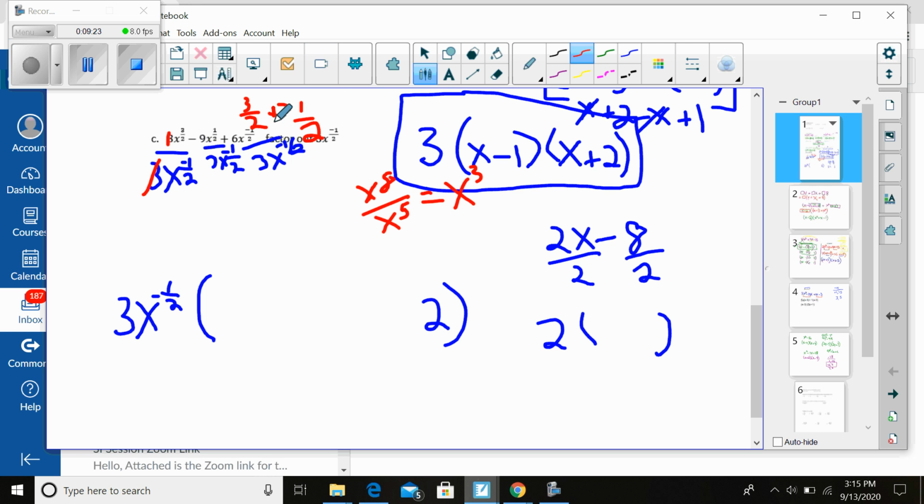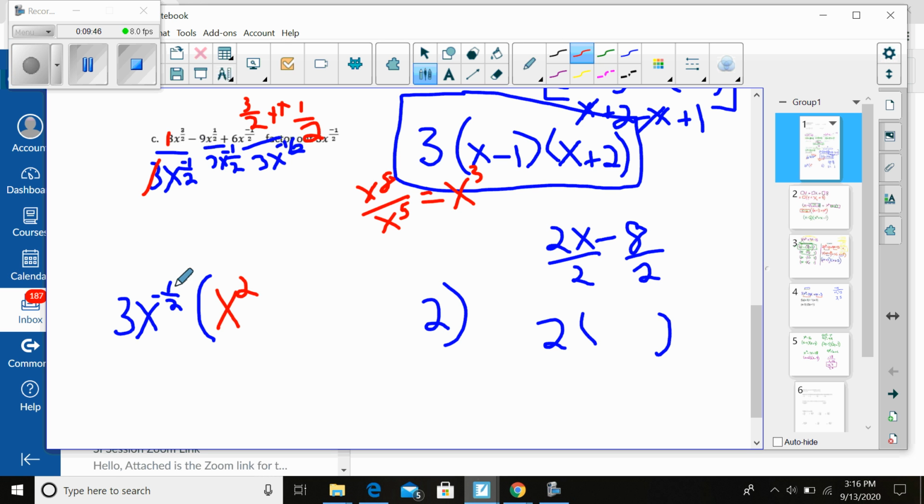Which we know minus minus becomes plus. And that would give me 4/2 when I add. 4/2 is 2. Okay, so I would get x squared.